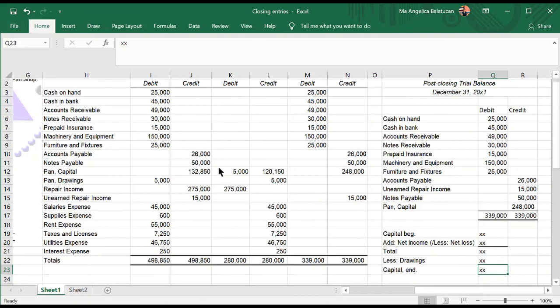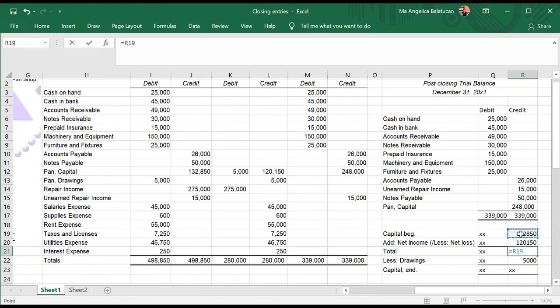If you can remember this one, this is your beginning balance, 132,850. And then we have the net income of 120,150. And then we have the drawings of 5,000. So just apply the operation.